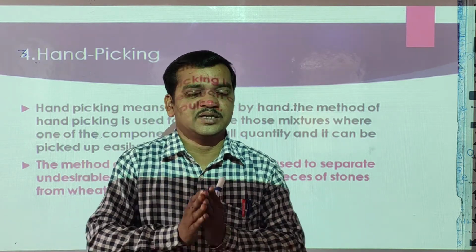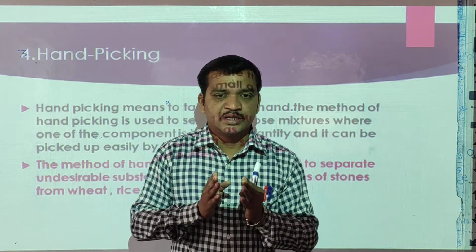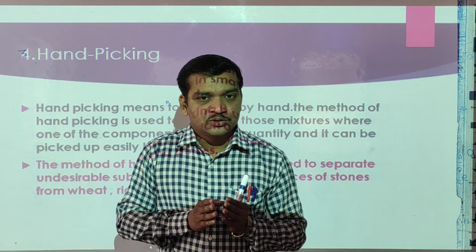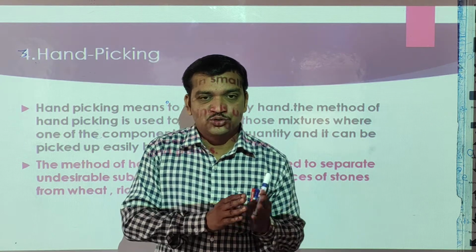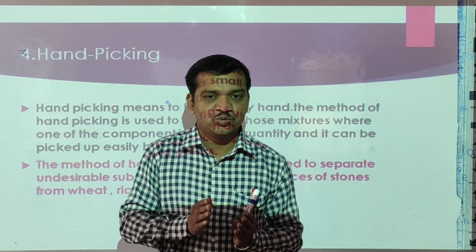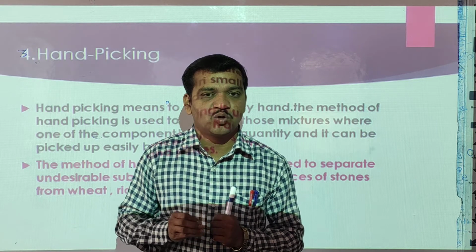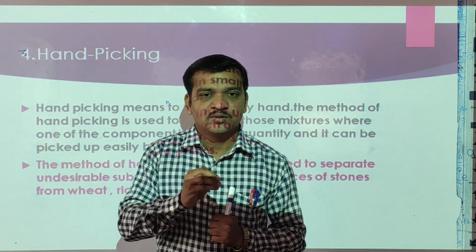So this method is called the hand picking method. It is especially used in the kitchen to remove impurities with the help of hand. So we can remove small insects and small stones with the help of hand.